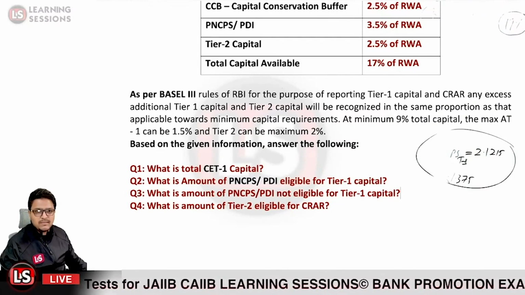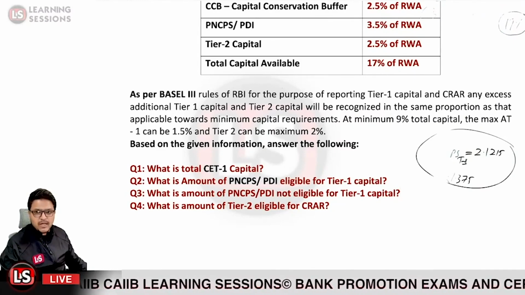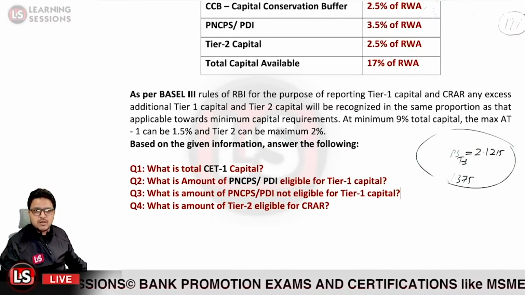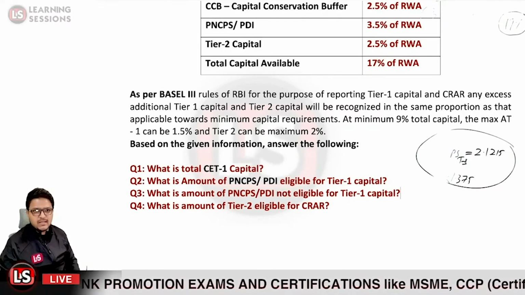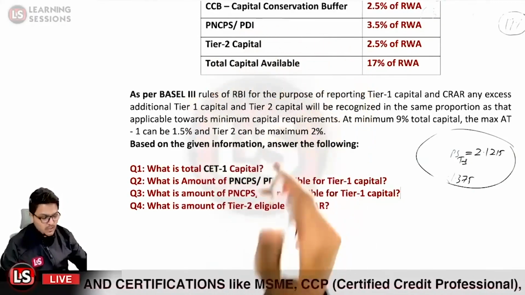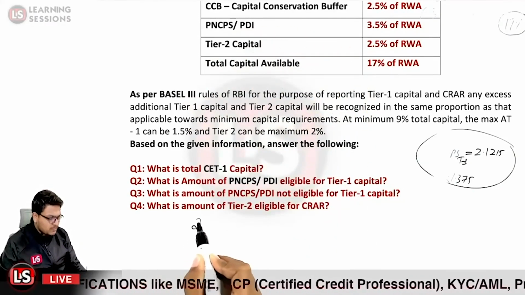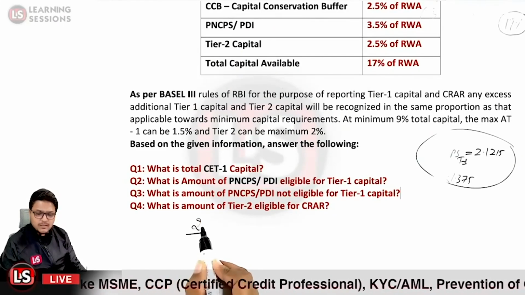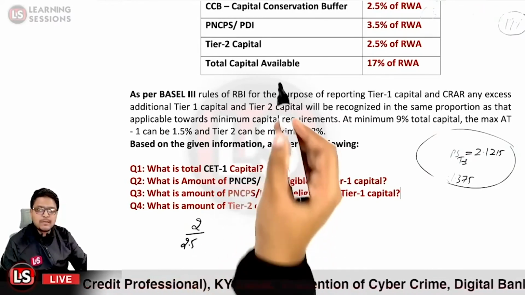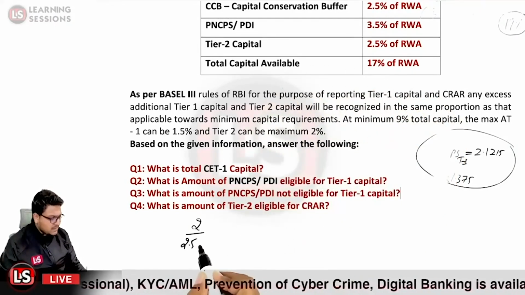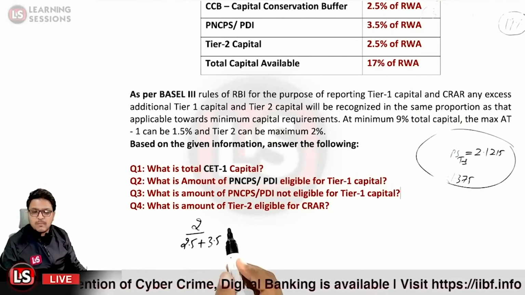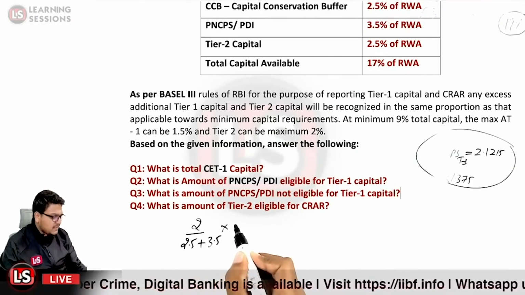Simply, the component which will form part of the Tier 2 capital would be from the PNCPS or PDI. So it will be either the 2.5% from the Tier 2 capital, or some component from the PNCPS. We will calculate it as 2%, the maximum composition of Tier 2 capital in the CRAR, divided by the 2.5% of Tier 2 capital itself, plus 3.5% from the PNCPS, because a part of the PNCPS can also form the component of Tier 2 capital, and multiplied by 8.5%.